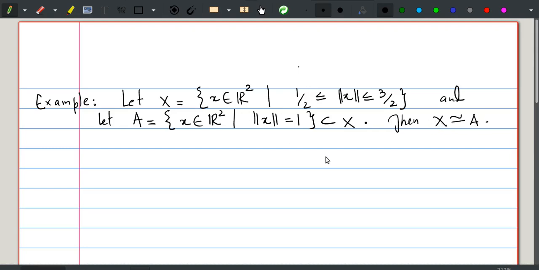Now this topological space is actually an annular region. Suppose we consider a circle of radius half and a circle of radius 3/2. Now let us make it a little bigger.